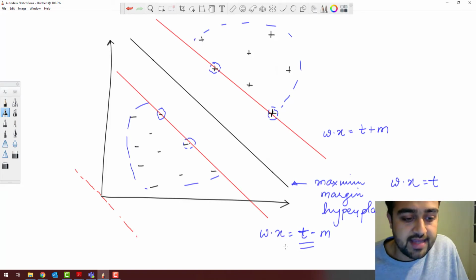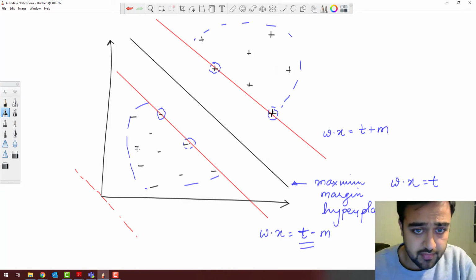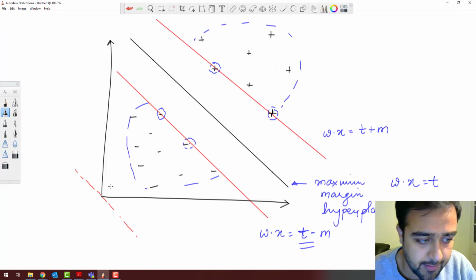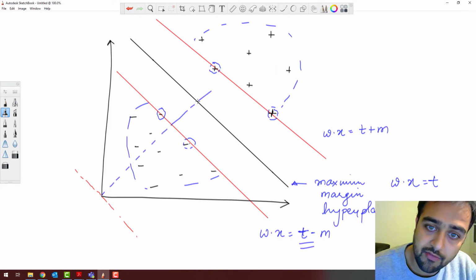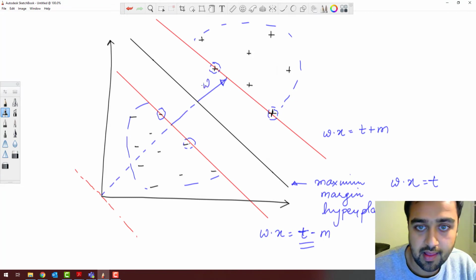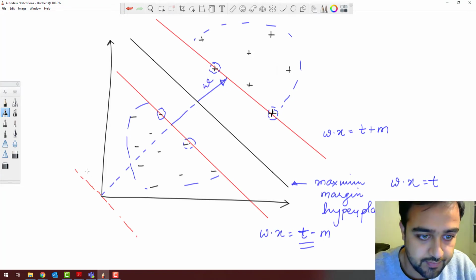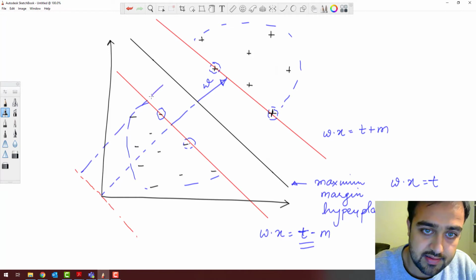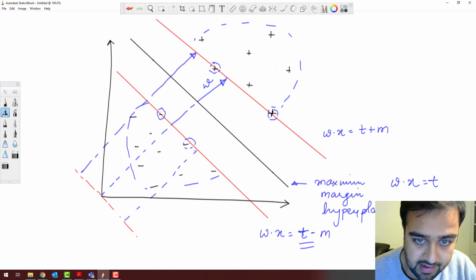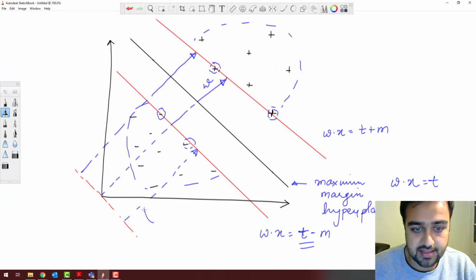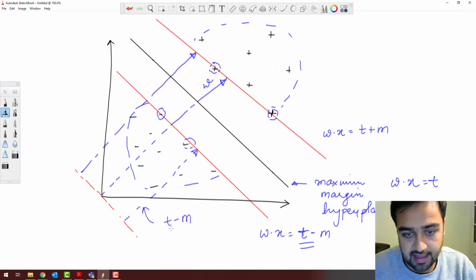If you want to visualize this in the form of vectors, this would be something of the sort, we have w here. Similarly, these are the x vectors. So this would be given as t minus m upon mod w, the length of this vector.